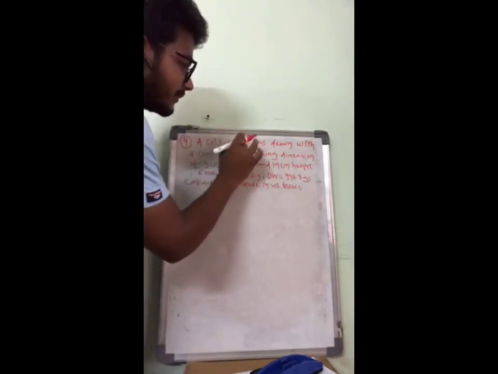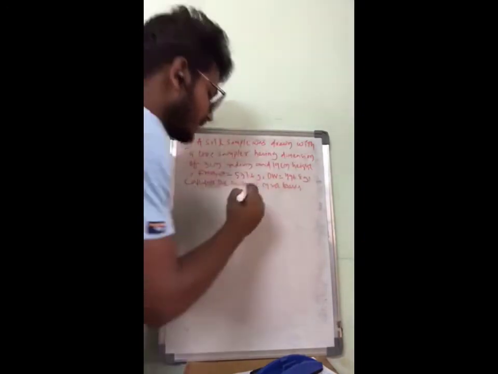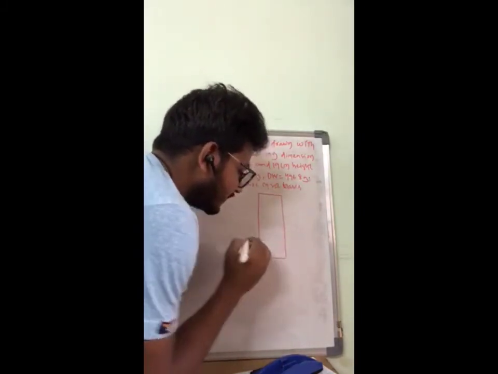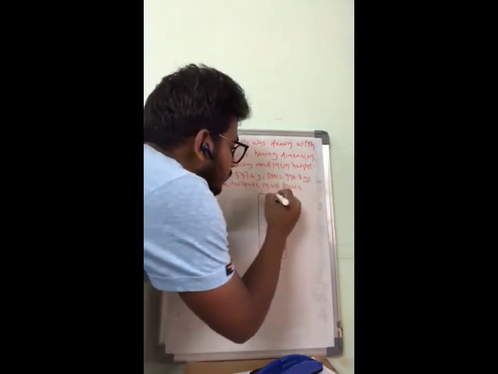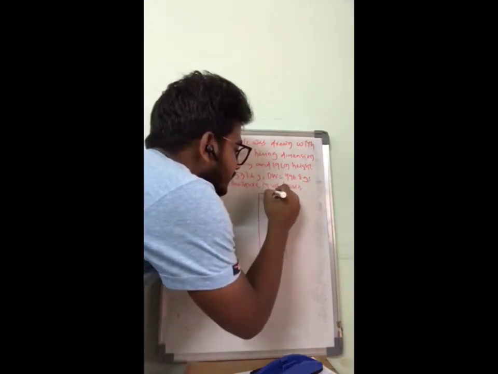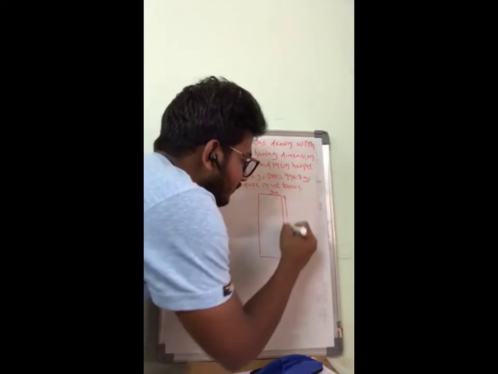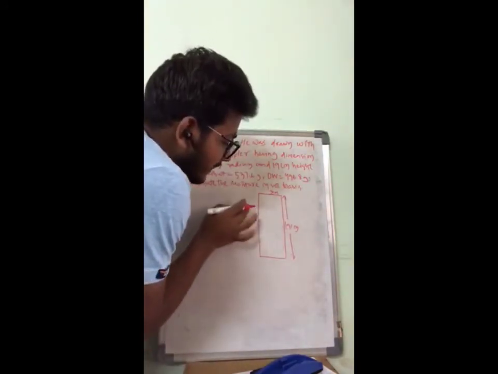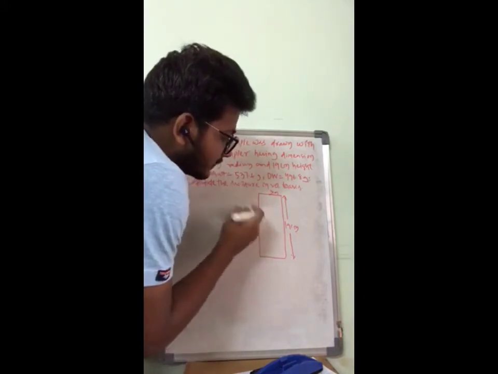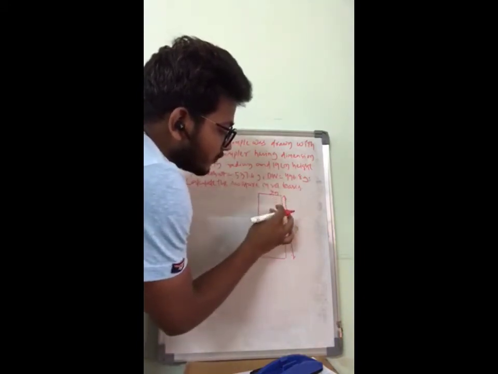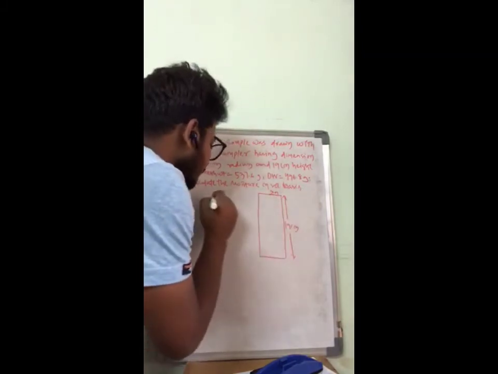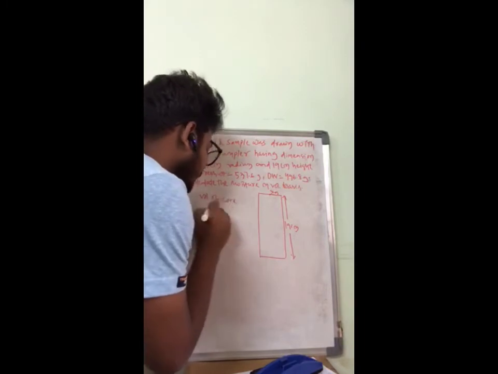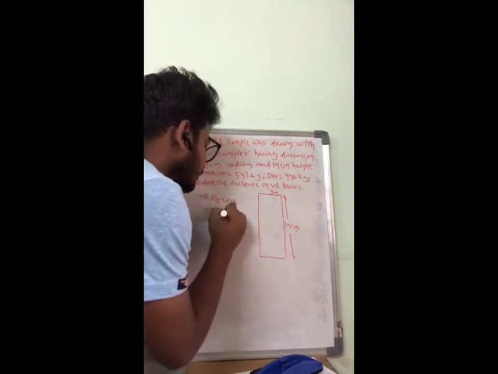So let's see what is given. A soil sample was drawn with a core sampler. The core sampler is a cylindrical shape, whose radius is given as 3 centimeter and height 19 centimeter. To calculate the volume basis, we should first calculate the volume of this core. So the volume of core is pi r square h.